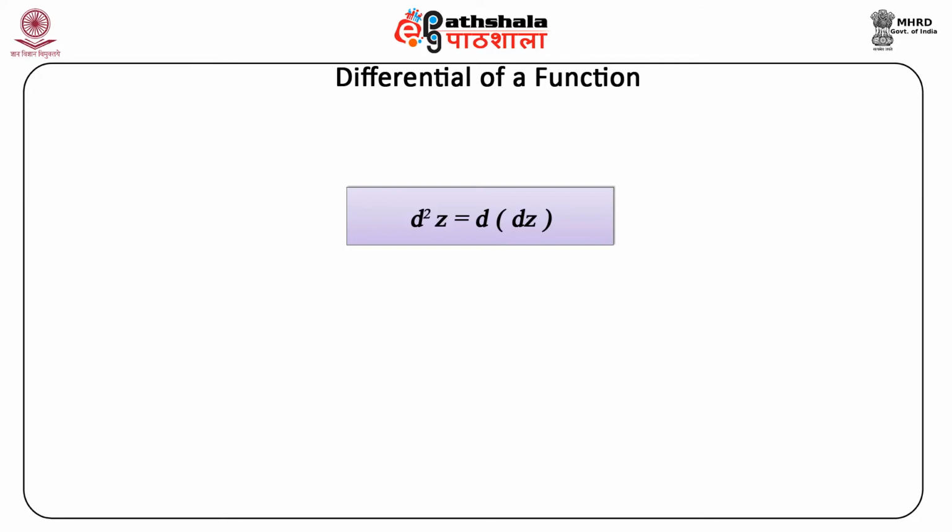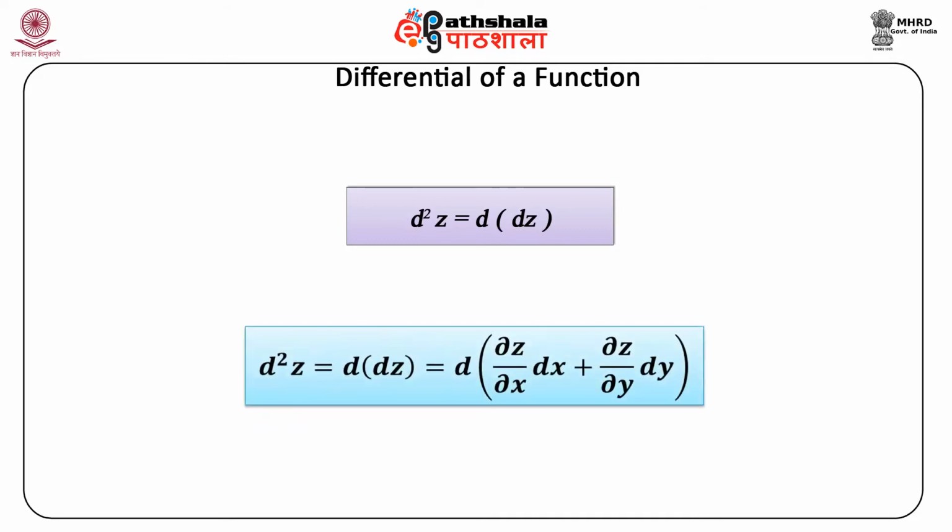While finding the differential of dz, it is to be remembered that the terms ∂z/∂x and ∂z/∂y are both functions of x and y. Thus, d square z equal to d of dz is equal to d of (∂z/∂x into dx plus ∂z/∂y into dy).